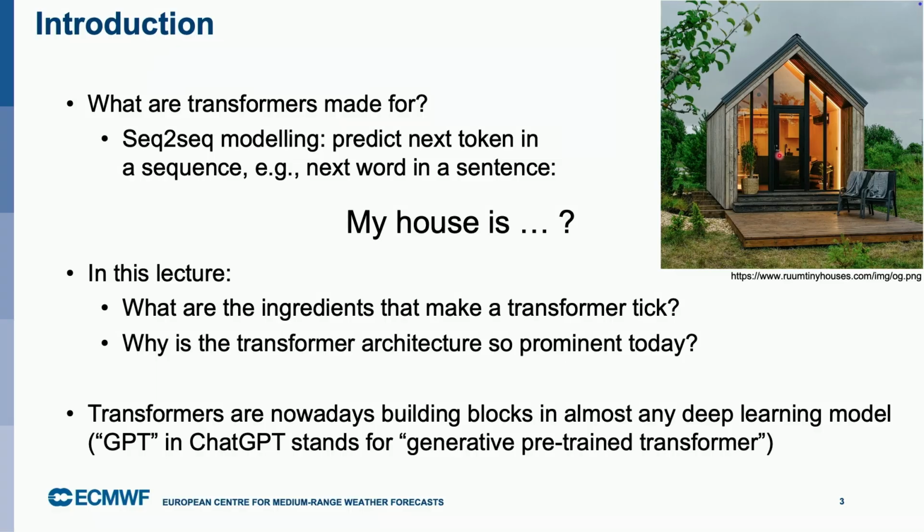Because literally, transformers are a building block in almost any deep learning model that exists today. For example, GPT in ChatGPT actually stands for Generative Pre-trained Transformer. So any large language model that we have today is based on transformers, or you have transformer building blocks in any large language model today. So they are super prominent.